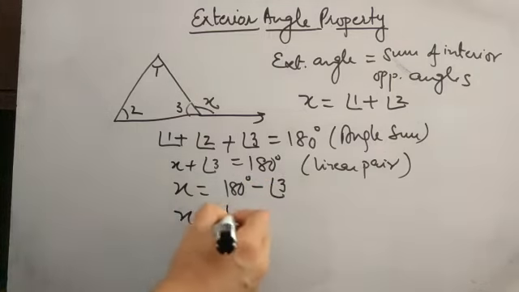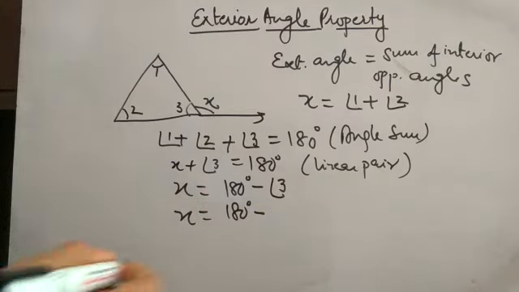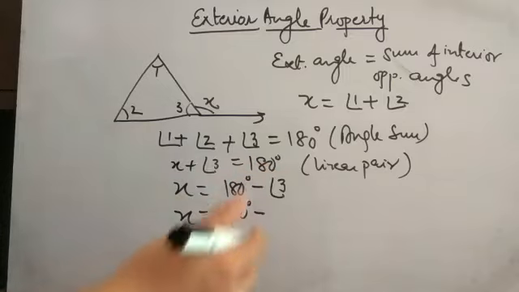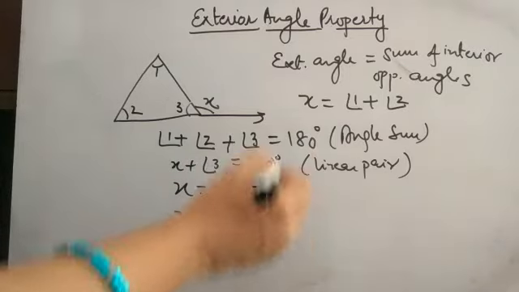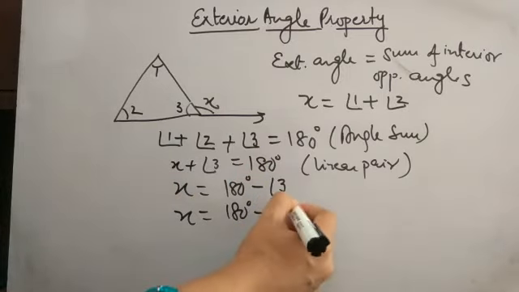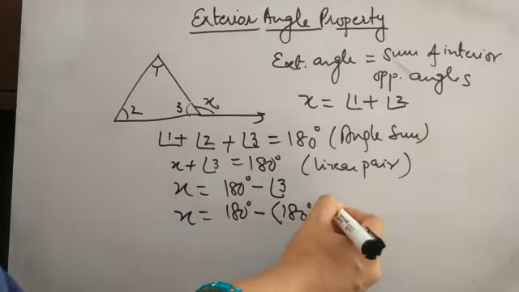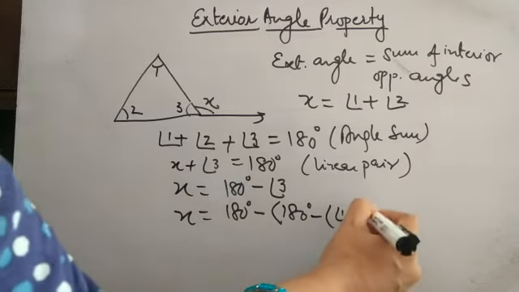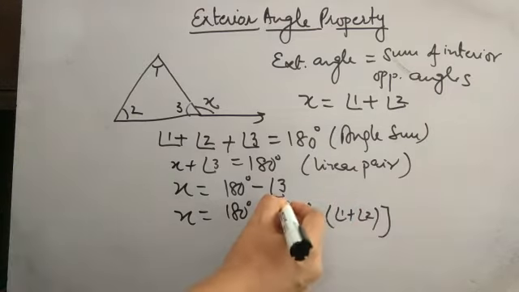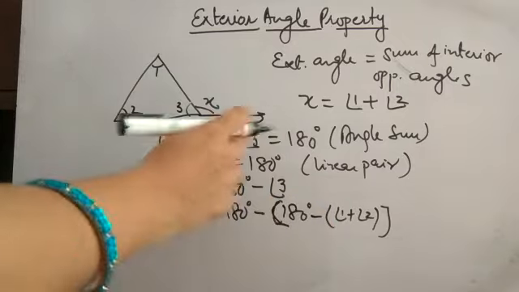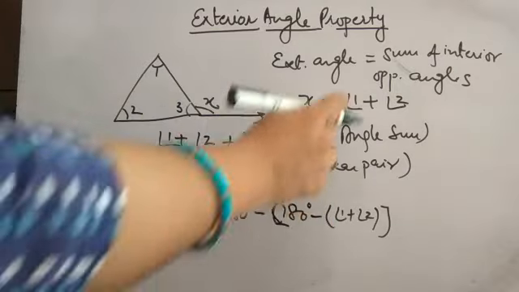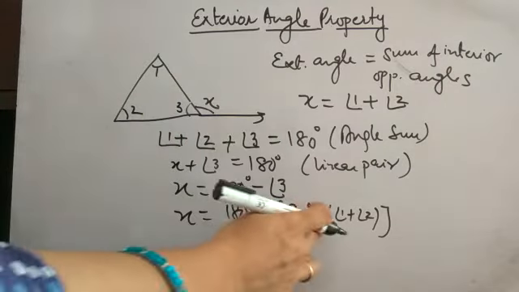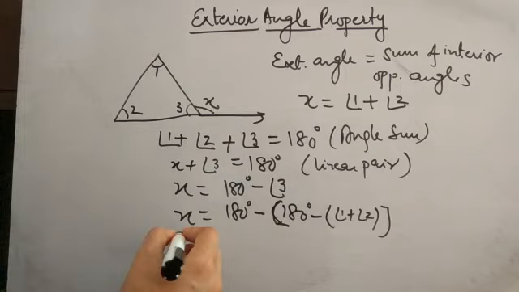Now angle 3 is, from the angle sum equation, 180 minus (angle 1 plus angle 2).